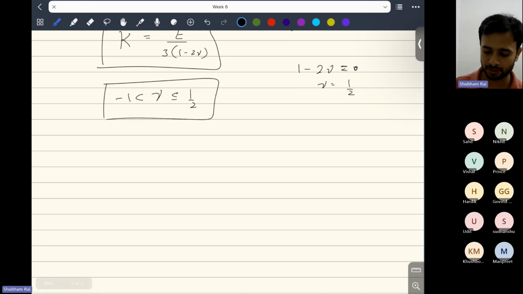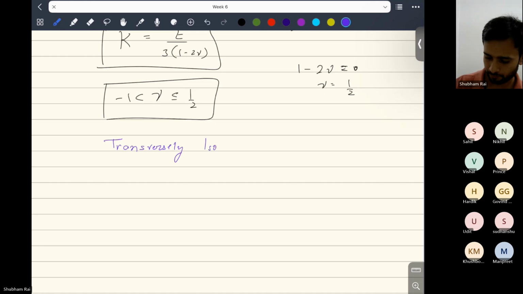You can refer to lectures, but I'm just directly writing here that in transversely isotropic materials, there are five independent elastic constants.